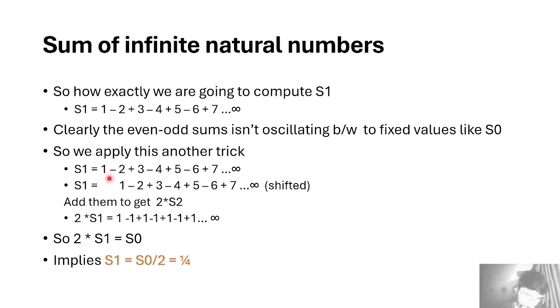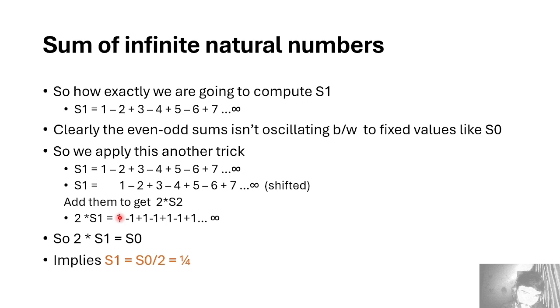Now if you are going to add these two series, you will get 2 S1 is equal to 1 as it is, because there is 0, minus 2 plus 1 will give minus 1, plus 3 minus 2 will give plus 1, negative 4 plus 3 will give you negative 1.